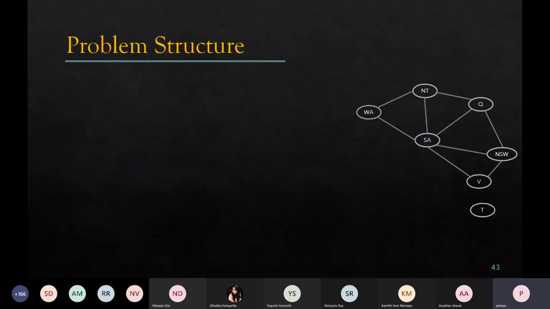Now, let us look at the problem structure a little bit and try to see whether we can design solvers around this. So let us have a closer look at this graph. What does that graph tell you about the problem structure? Any idea?